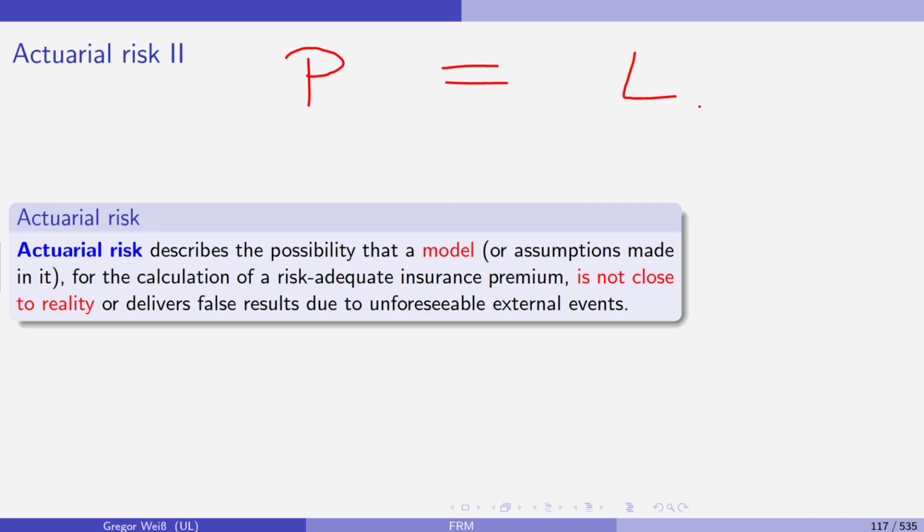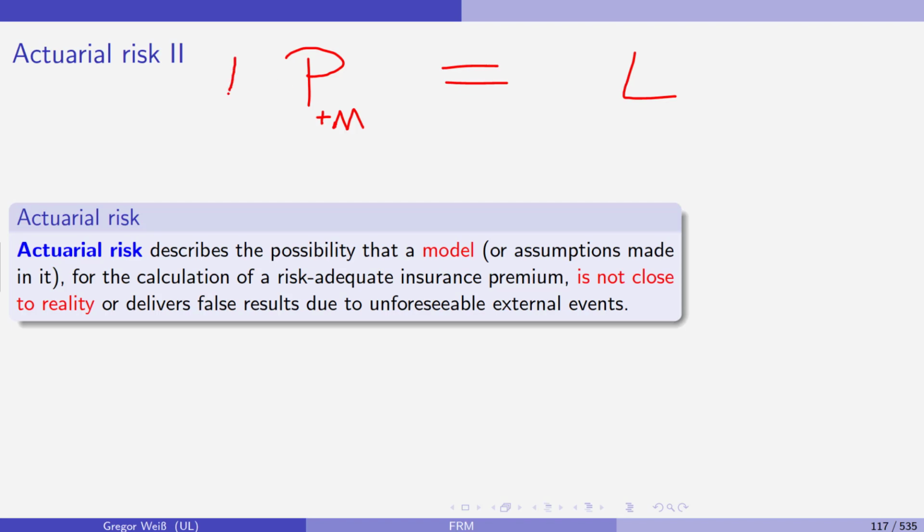And assuming that you include a slight, let's call it M for margin, assuming that you want to offer a fair premium and a fair insurance contract, you can easily show that this is very simple.